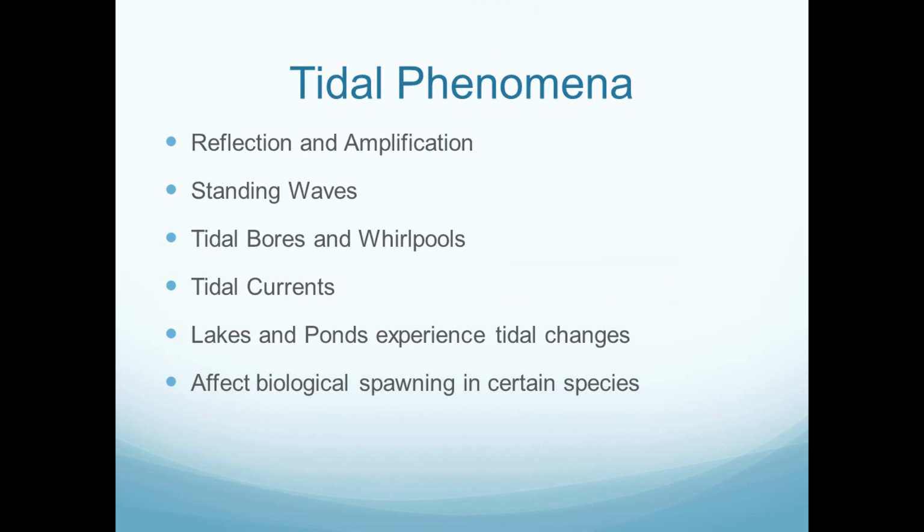You can get standing waves, you can get tidal bores and whirlpools off of tides. You can get tidal currents. Lakes and ponds on land can experience tidal changes if they're deep enough. And a lot of biology use tides and phases of the moon to indicate when they should be spawning or reproducing. So that is chapter 9.